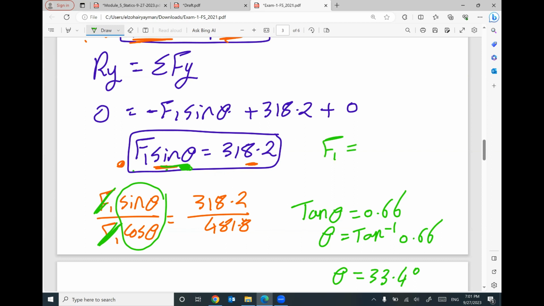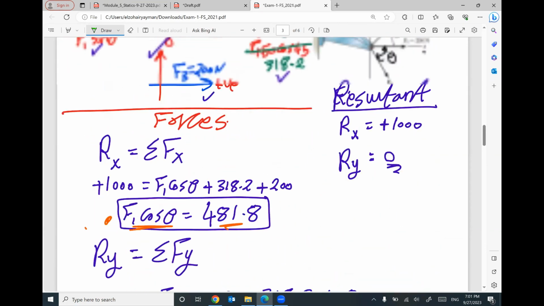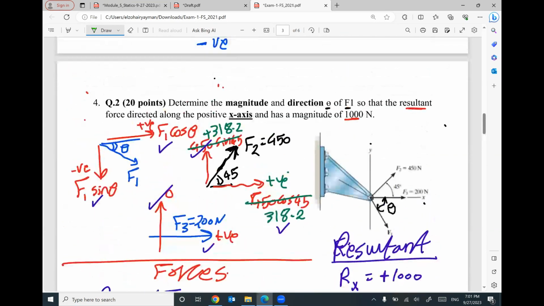So take the sine of this angle and divide 318 by the sine. Your force F1 will be 577.4. So I found the value of F1, and I found the value of theta for this problem.